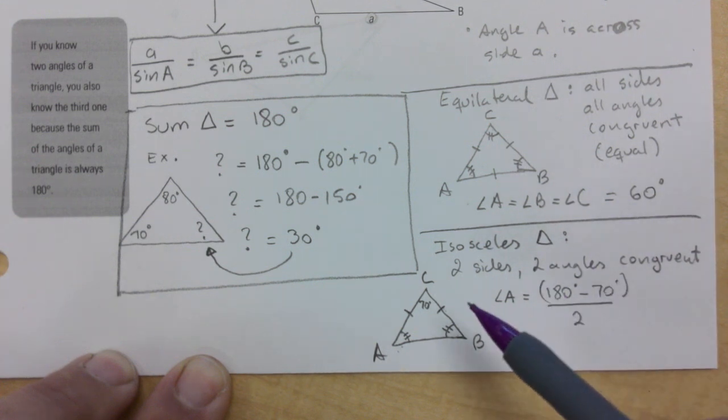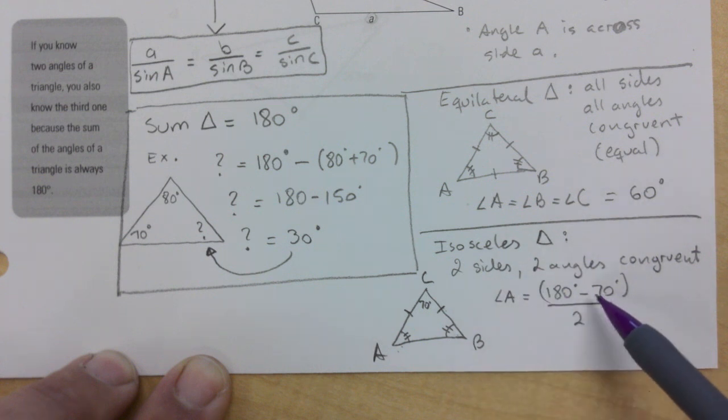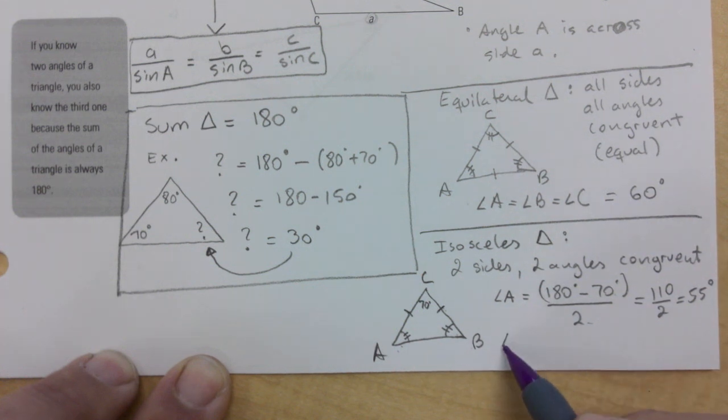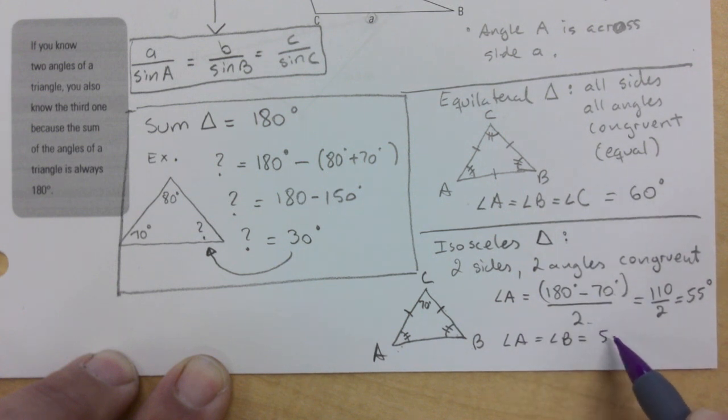Because if you take the 70 away from 180, right, you split that difference in half because you know that they're both the same. So it's 110 over 2, which is 55 degrees. Angle A is equal to angle B, which is 55 degrees.